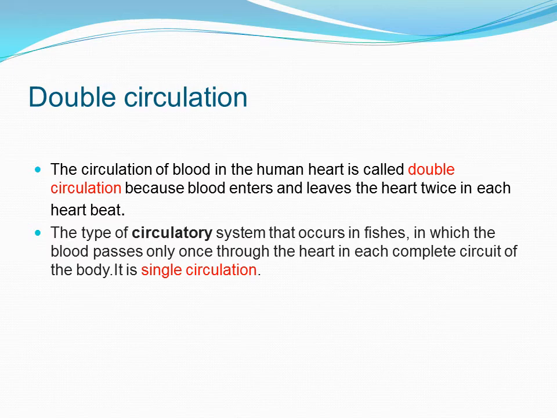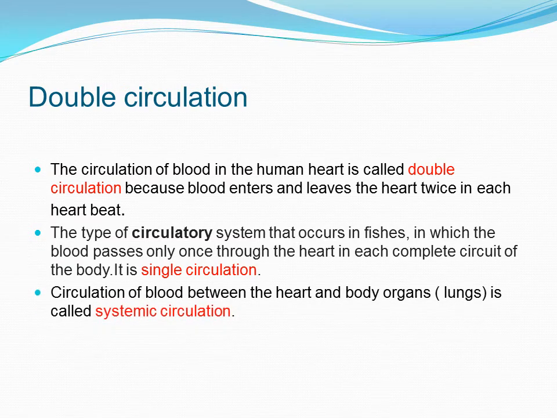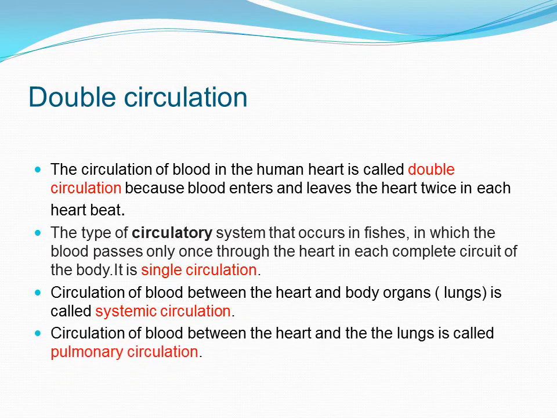Next we should know the terms systemic circulation and pulmonary circulation. The circulation of blood between the heart and the body organs is called the systemic circulation. This is except the lungs. So in systemic circulation, the blood passes from the heart to the body organs except the lungs. Next comes the pulmonary circulation.